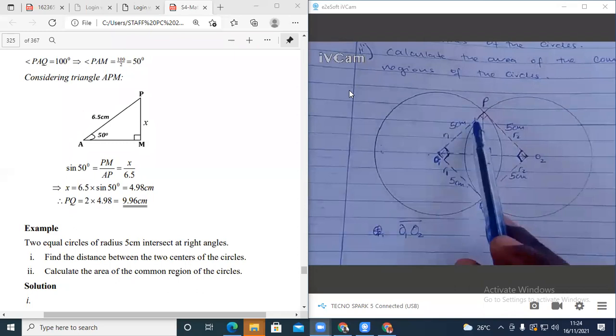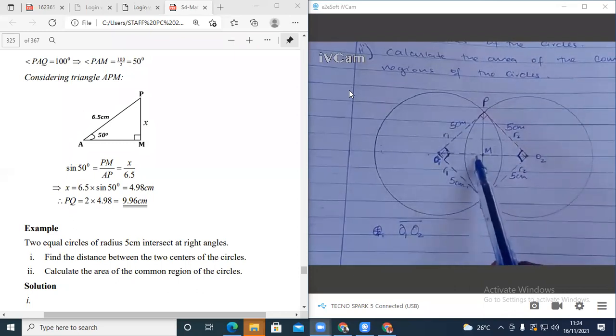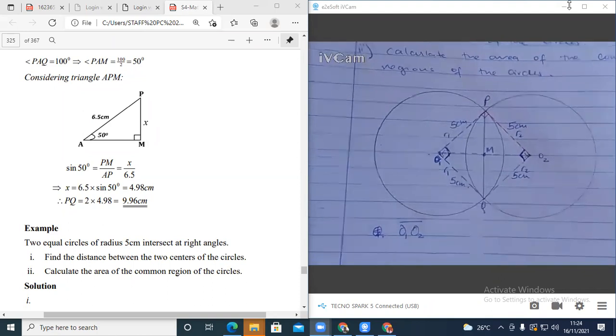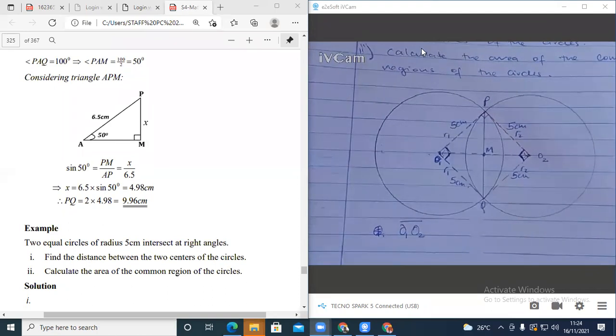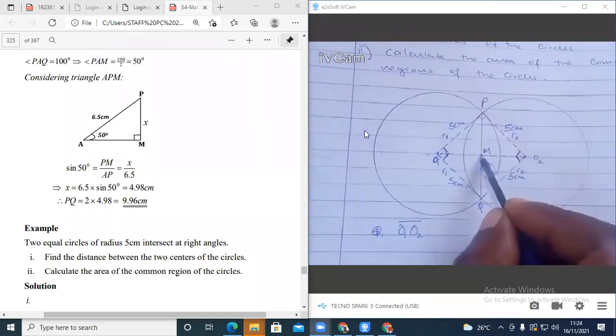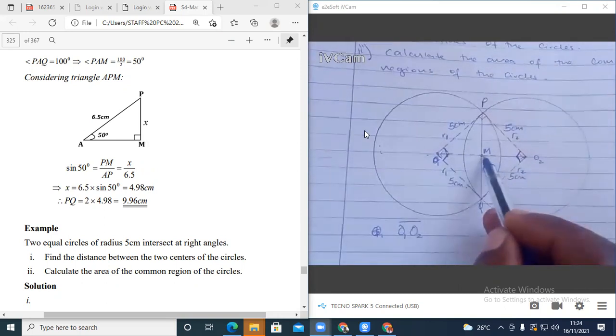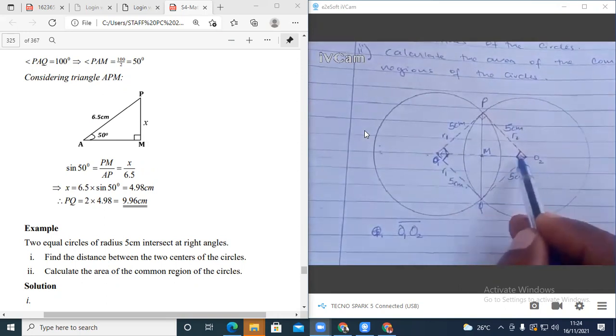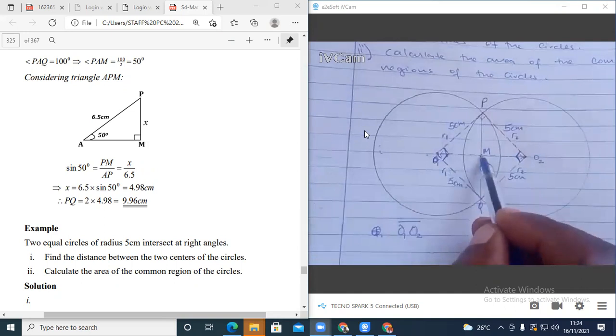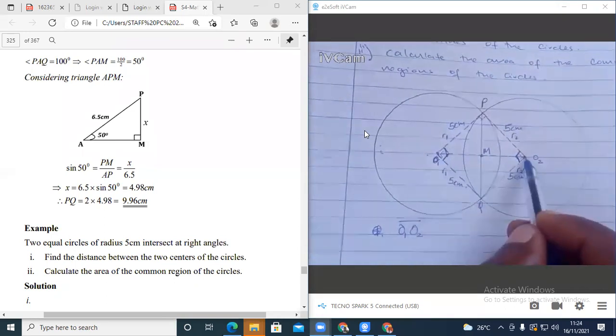Because these are circles of the same radius. So the distance from here up to here is the same as the distance from here up to there. If we find this distance, we shall just multiply it by 2 to get the distance from here up to there.